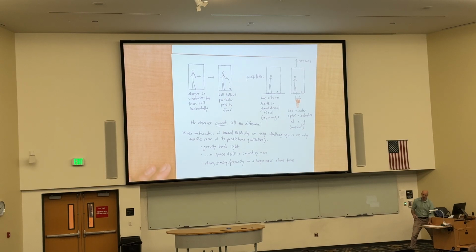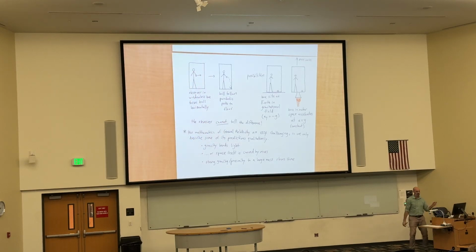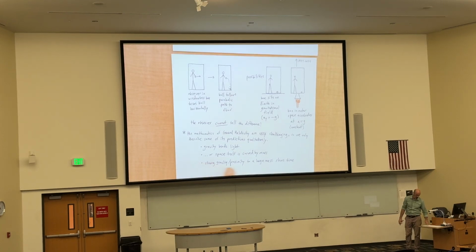And remember, we talked about how in the twin paradox, the twin that accelerates experiences time passing slower. Well, we just said that an accelerating reference frame is equivalent to being in a gravitational field. So if you're in a gravitational field, then time is going to pass more slowly for you if it's very strong gravity. And I'll give you an example of that as well in just a little bit.